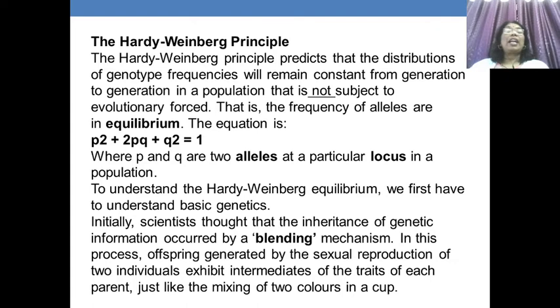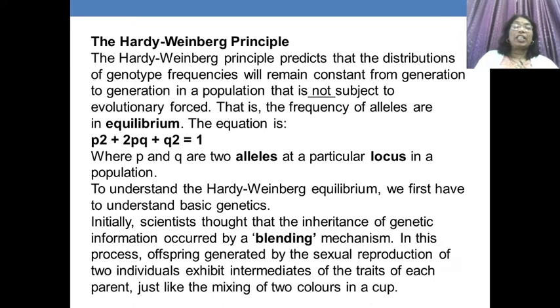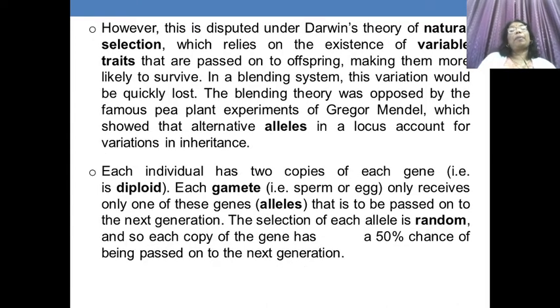To understand Hardy-Weinberg equilibrium, we first have to understand basic genetics. Initially, scientists thought that the inheritance of genetic information occurred by a blending mechanism. In this process, offspring generated by the sexual reproduction of two individuals exhibit intermediates of the traits of each parent, just like the mixing of two colors in a single cup.